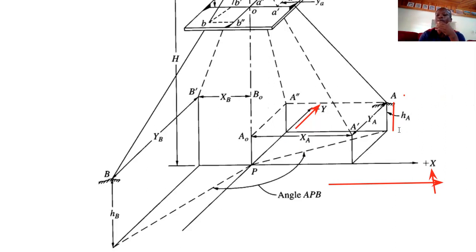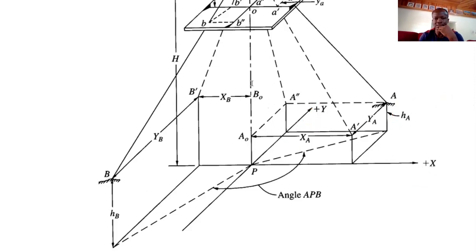On the ground, XA is a distance along the x-axis from the point. If you measure parallel to the x-axis, you get the XA. Let me try and draw this again.